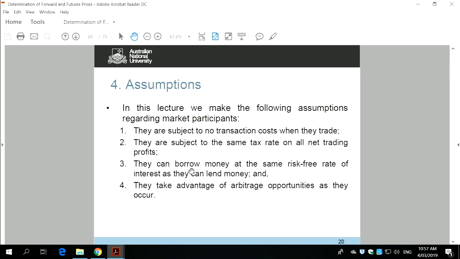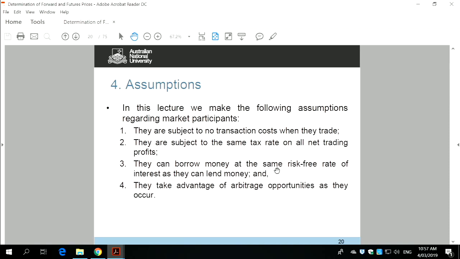They can borrow money at the same risk-free rate, and they can also lend their money at the same risk-free rate. It can be true because they are large institutional investors who can access rates such as LIBOR, which is really close to the risk-free rate. And lastly, they take advantage of arbitrage opportunities as they arise, which is very true. That's what hedge funds do, right?